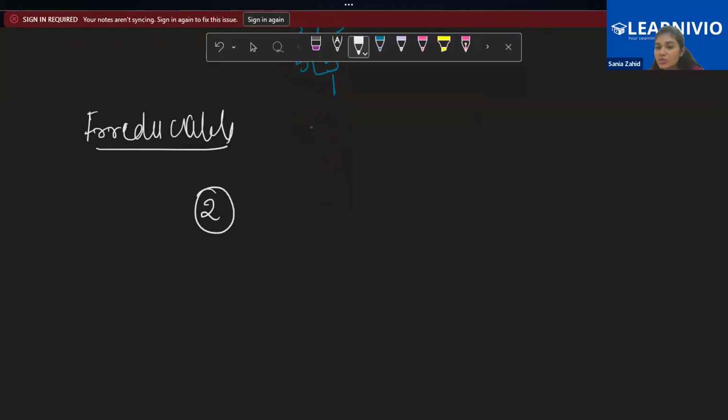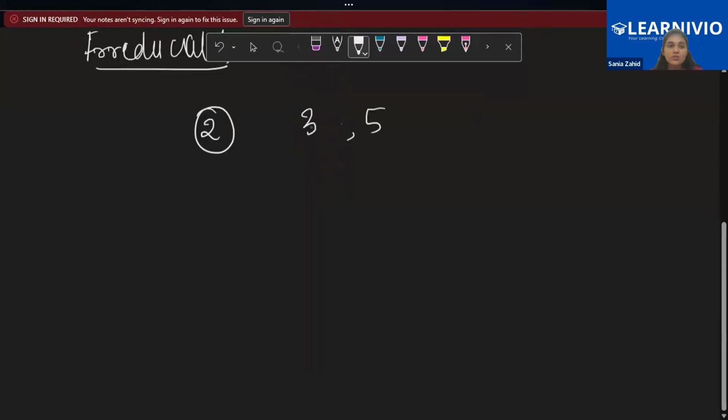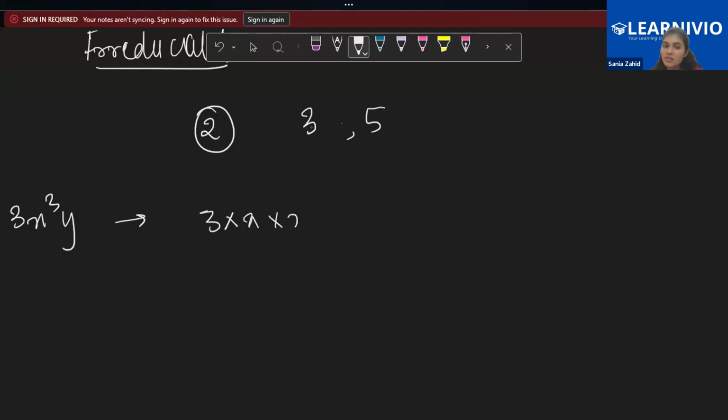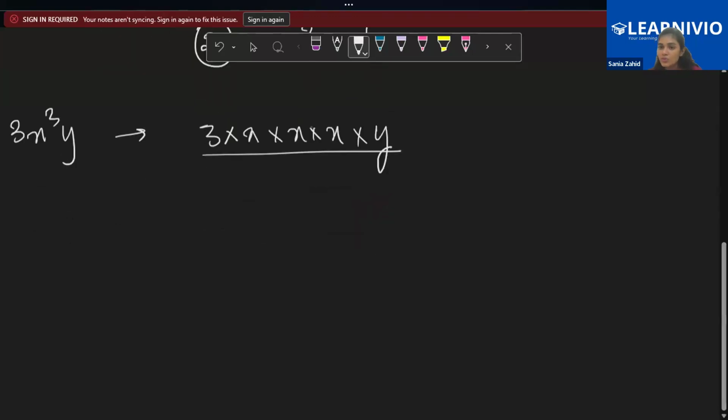Because it cannot be reduced any further. It cannot be further factorized. Like 3 is irreducible. 5 is irreducible. So, for example, I say 3x cube y. How is 3x cube y formed? It is formed by multiplying 3 with 3 times x into x into x, and then 1 time y. So the answer becomes 3 into x into x into x into y.